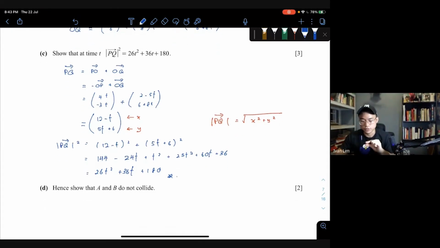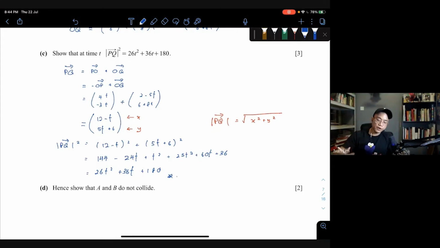Okay, hence show that A and B do not collide. This one you have to understand a bit. Just now I mentioned what exactly PQ is: PQ is the distance between A and B, because OP is the position vector of A and OQ is the position vector of B. When we join both together, they are the relative distance with each other.